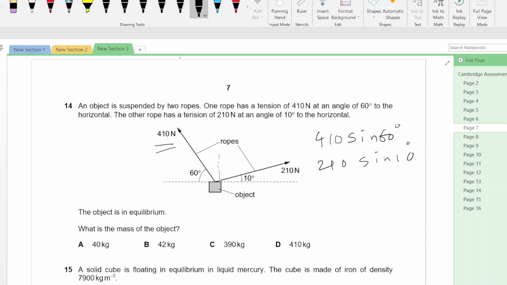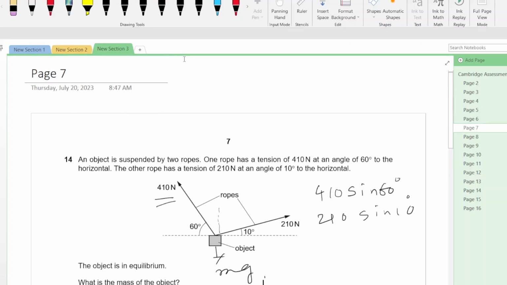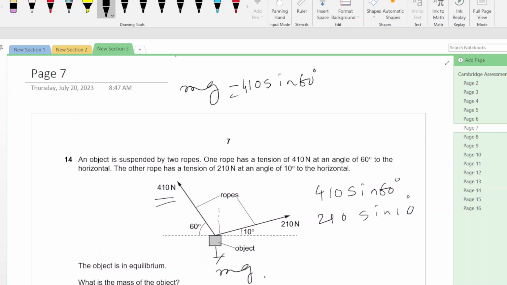Therefore, the mass of the object, if we consider m kg, and its weight to be mg. Now mg equals 410 sine 60 plus 210 sine 10.